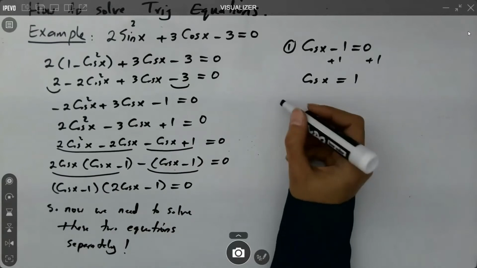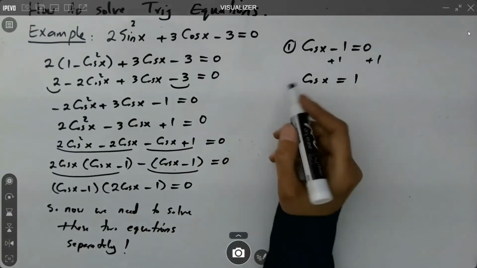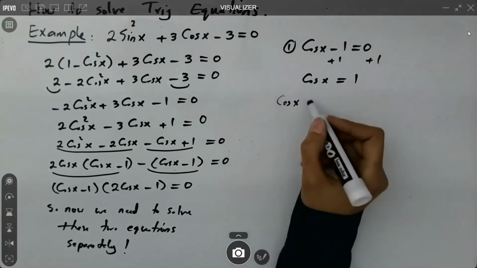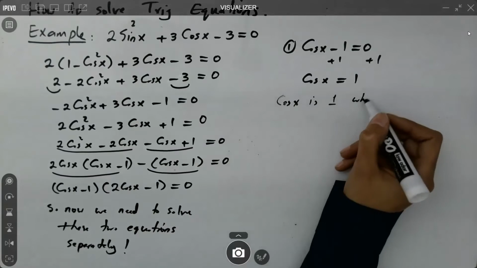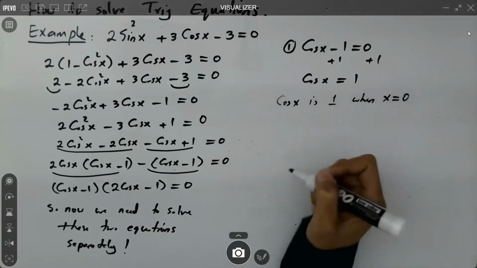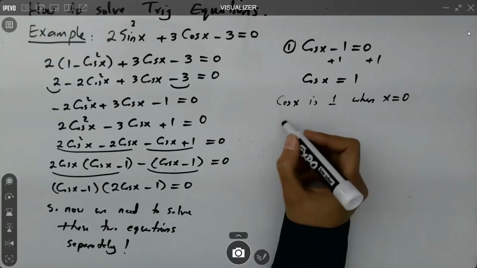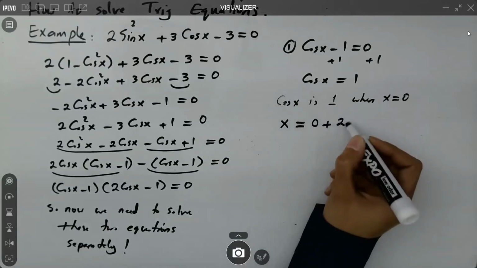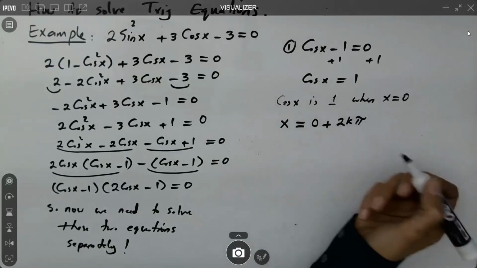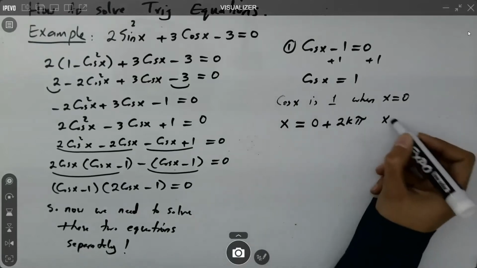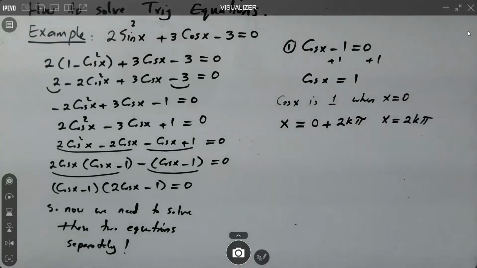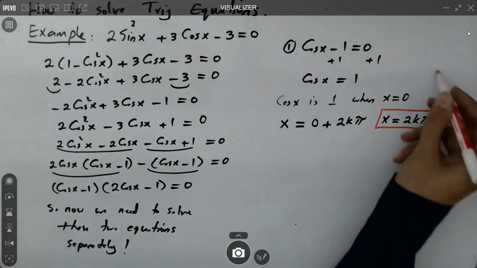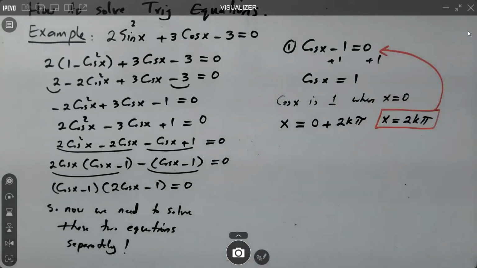We know that cosine is 1 when x is equal to 0. So solution set is written as 0 plus 2k pi, or just 2k pi, right? So x is 2k pi. Put this in the box. This is the solution for this equation.